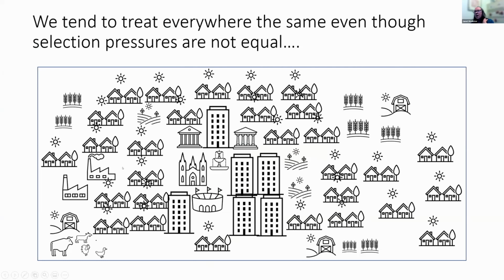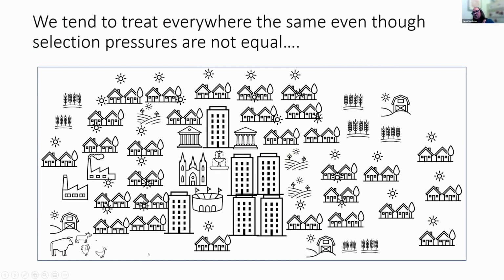So if you have a city, you have residential areas, you have high density residential areas, you have government areas, you have entertainment areas, you have parks. On the outskirts, you may have agriculture going on. There is not a uniform environment out there.